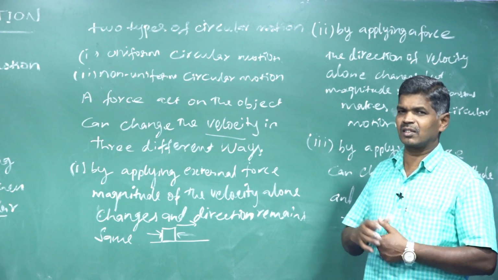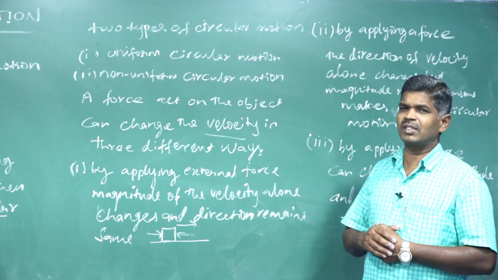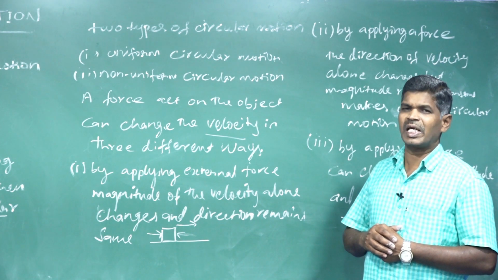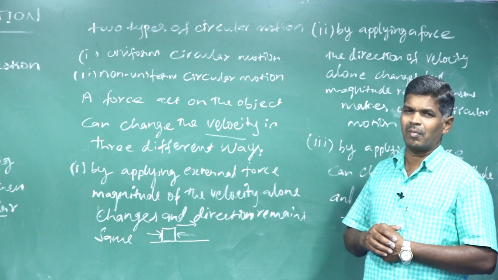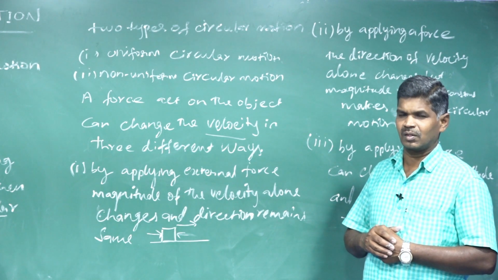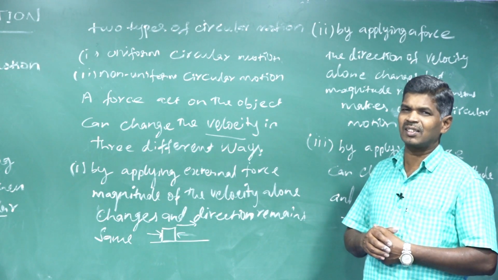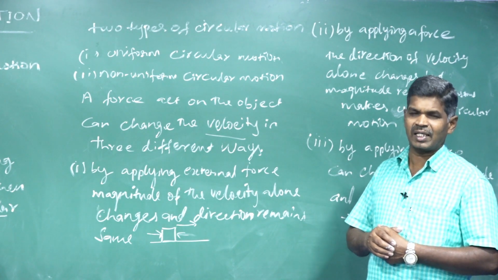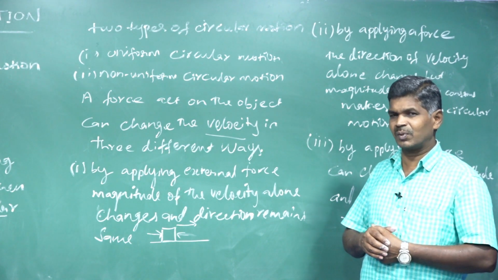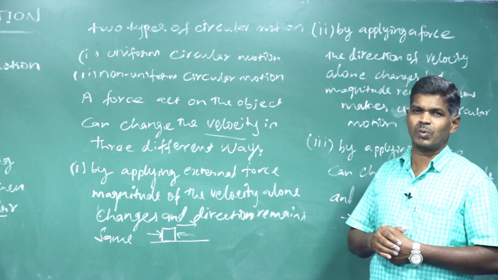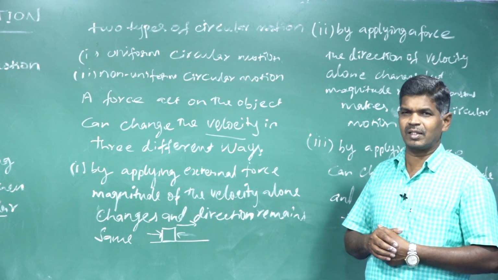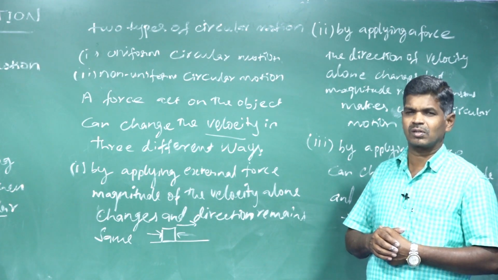Second way to change the velocity by applying a force is to change the direction alone while the magnitude remains constant. The magnitude of the velocity is nothing but the speed. Speed remains constant, and the direction of the velocity continuously changes, so the particle undergoes uniform circular motion.